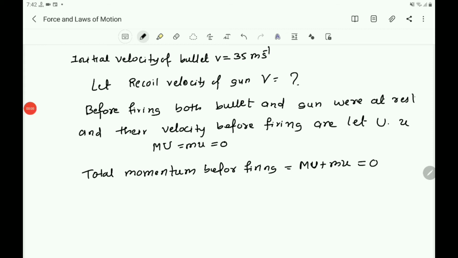That is, the momentum of the gun is 0, and the momentum of the bullet is also 0, before firing.